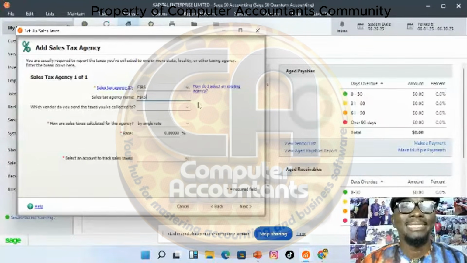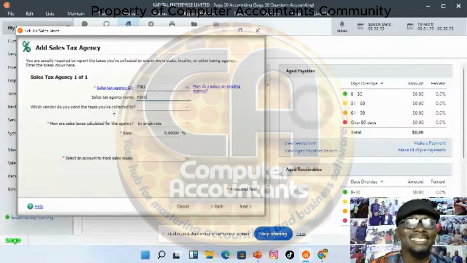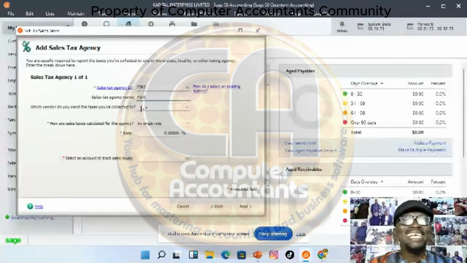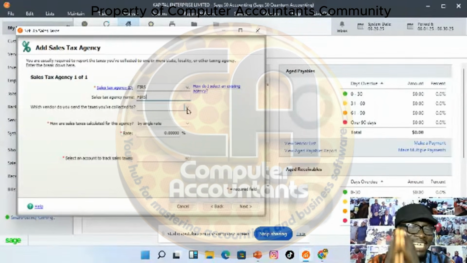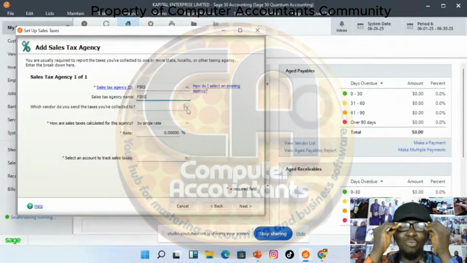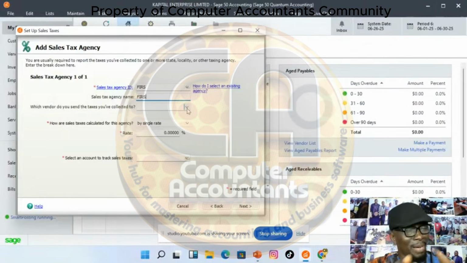So then this tax vendor we are remitting tax to, we now have to create it as a vendor in the system. That's the third layer now. If you remember, we did the same thing in QuickBooks when we were creating our sales tax; we came in contact with something almost similar.